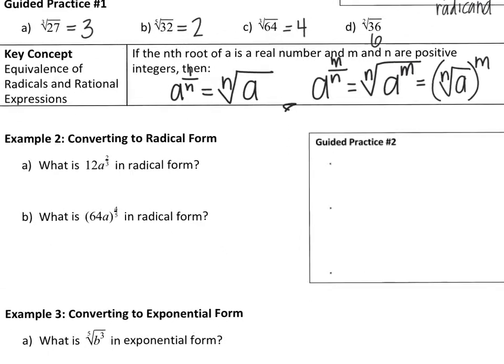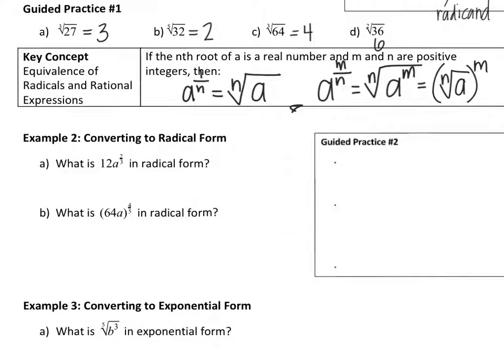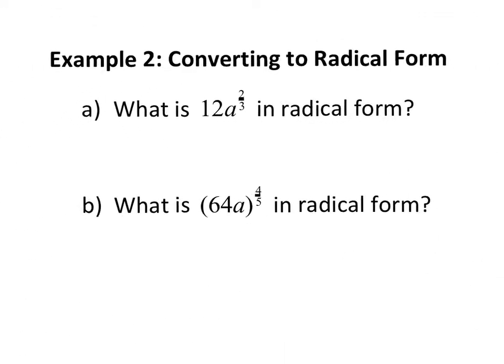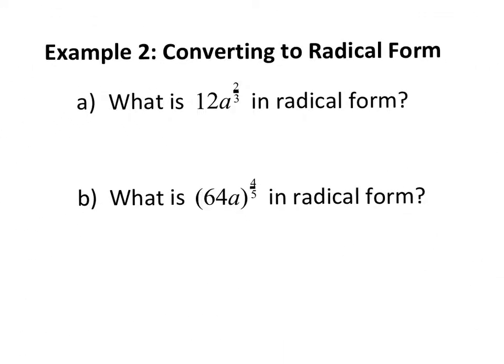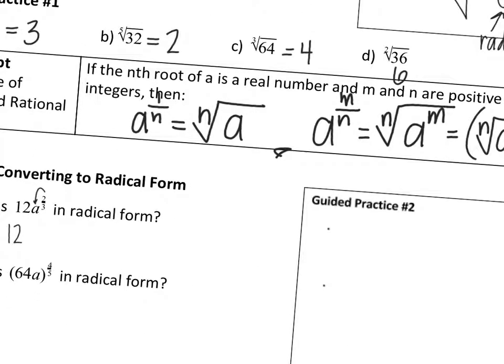So example 2, 12a to the 2/3 power, they want you to write that in radical form. The first thing you need to notice is that the 2/3 power is only applied to the a, so that's going to be 12. And then the 2/3 power, if you'll go back to your key concept, that's like m/n.